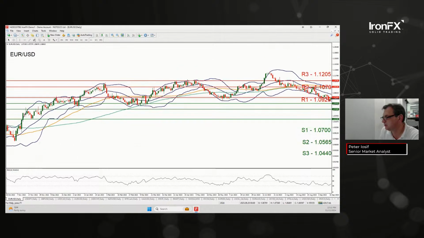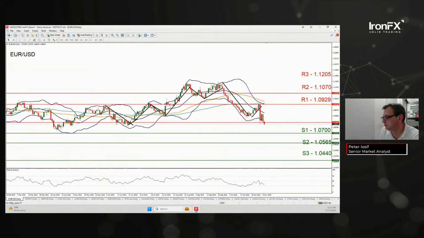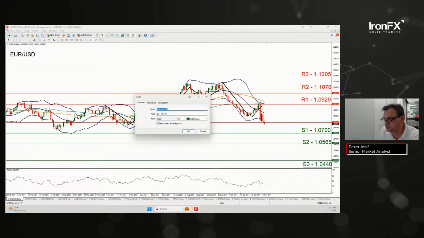Let's widen, readjust the chart, narrow it, and let's correct the levels, starting with the S3, which is now being placed at 1.0220.